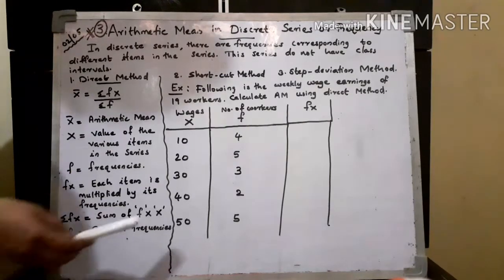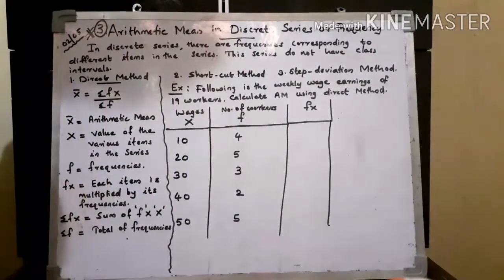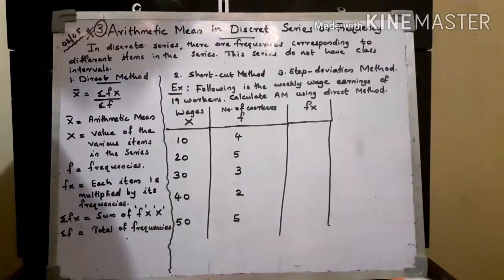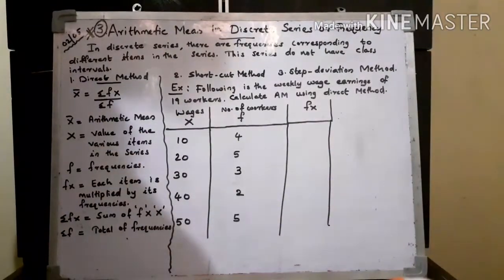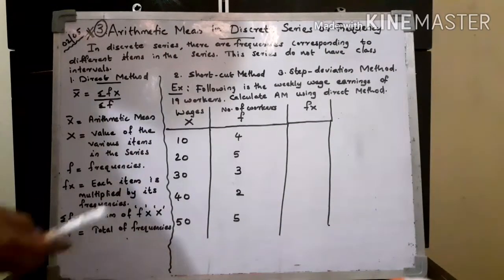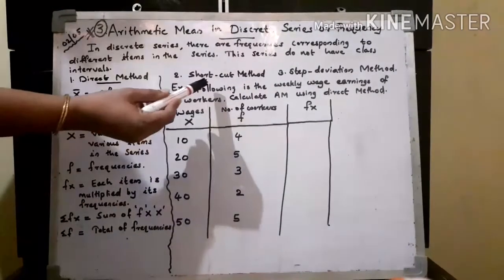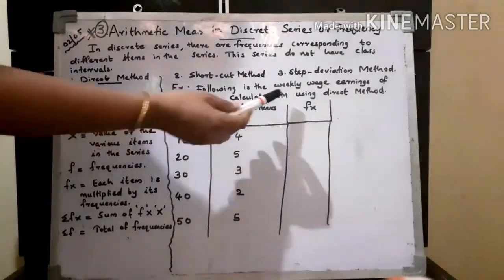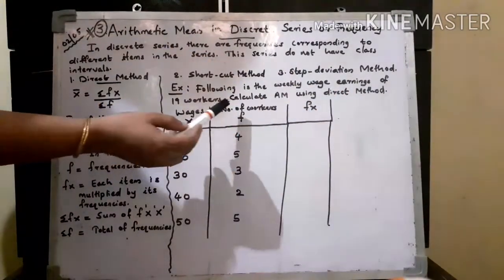Sigma f is equal to the total of frequencies, the summation of frequencies. Through this example, I will make you understand how to calculate arithmetic mean in discrete series by direct method.